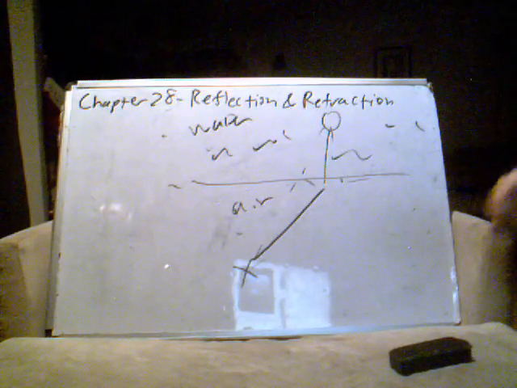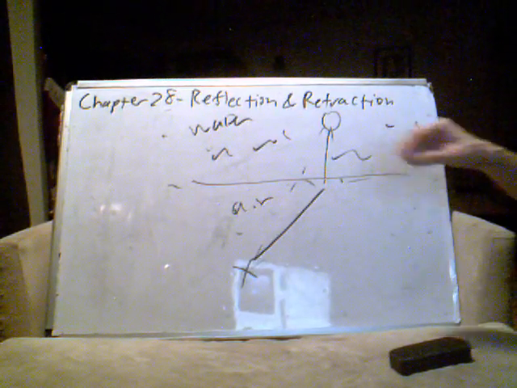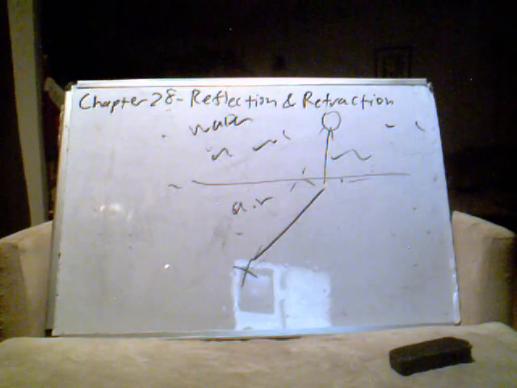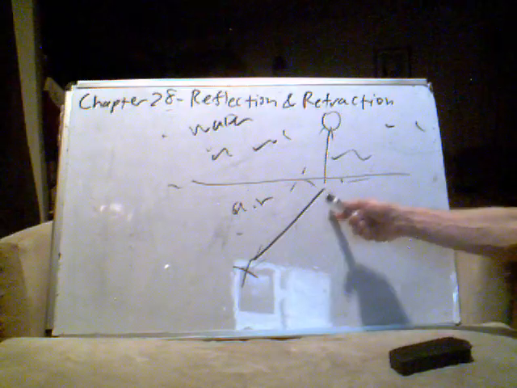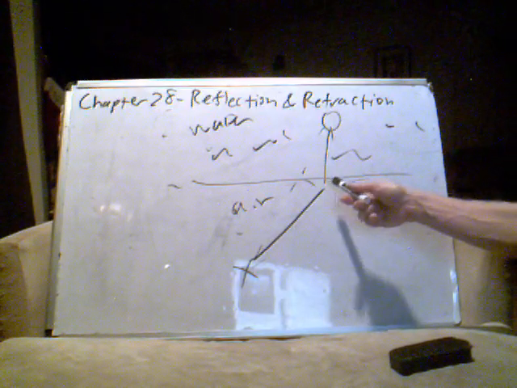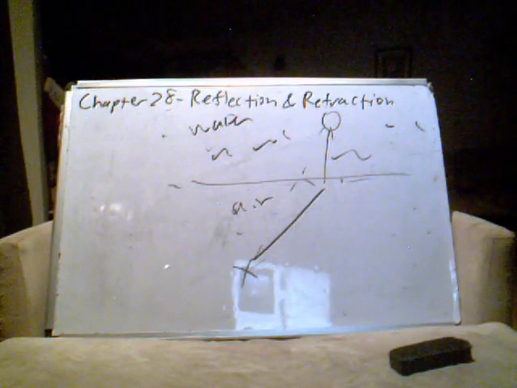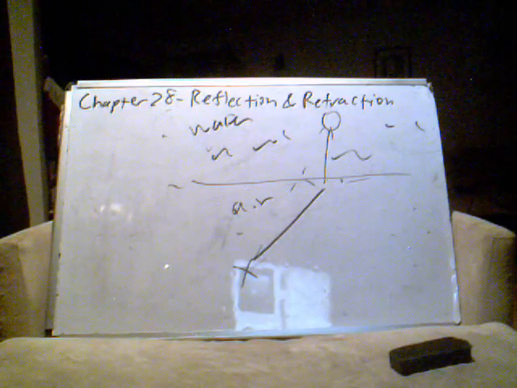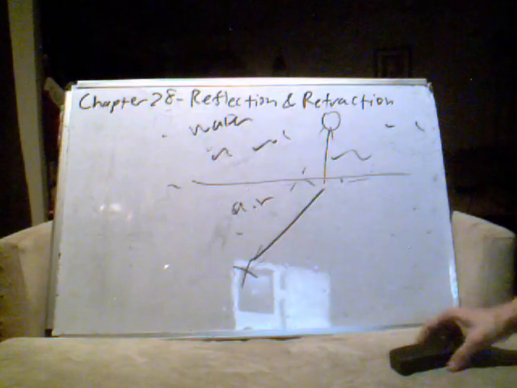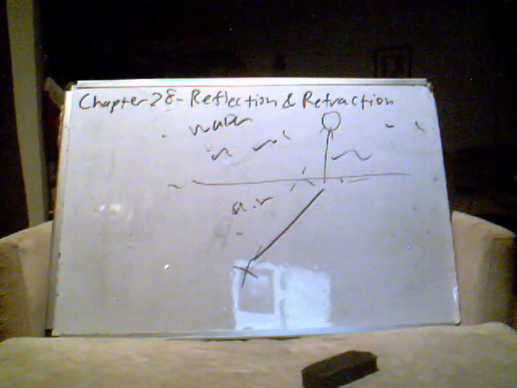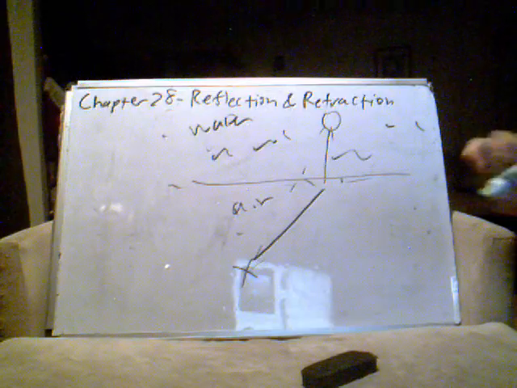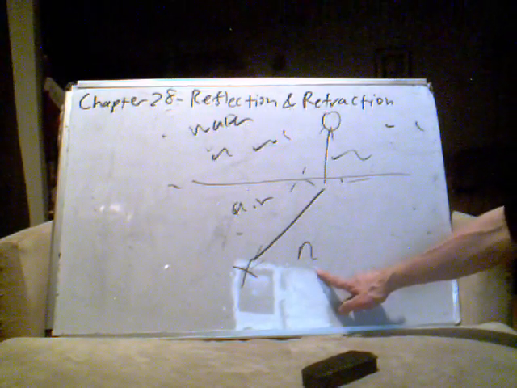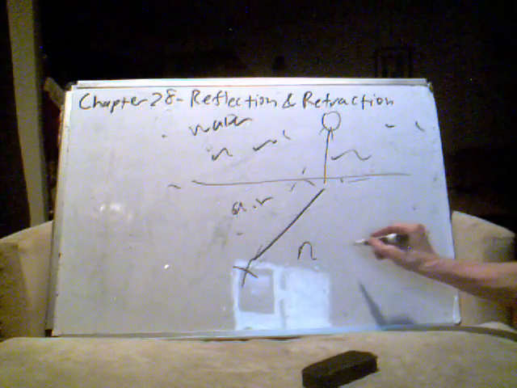Anytime you have some kind of medium like this, where it's more optically dense, such that light actually moves slower than it does in the vacuum of space, then we say it's a refractive medium. Refractive media are characterized by this thing we call a refractive index, or an index of refraction, usually denoted by a lowercase n.